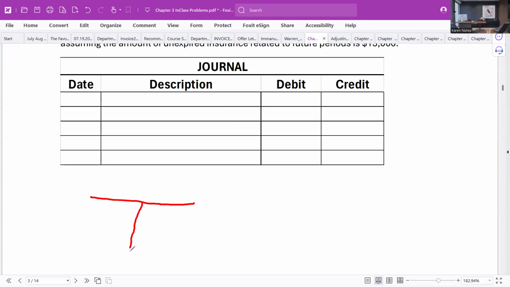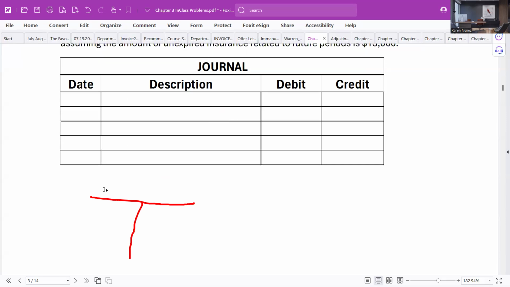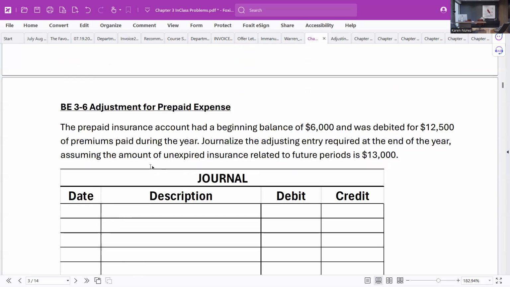So if we think about this, and let me switch back to typewriter mode. We've got prepaid insurance. And what's happening is this prepaid insurance account had a beginning balance of $6,000.